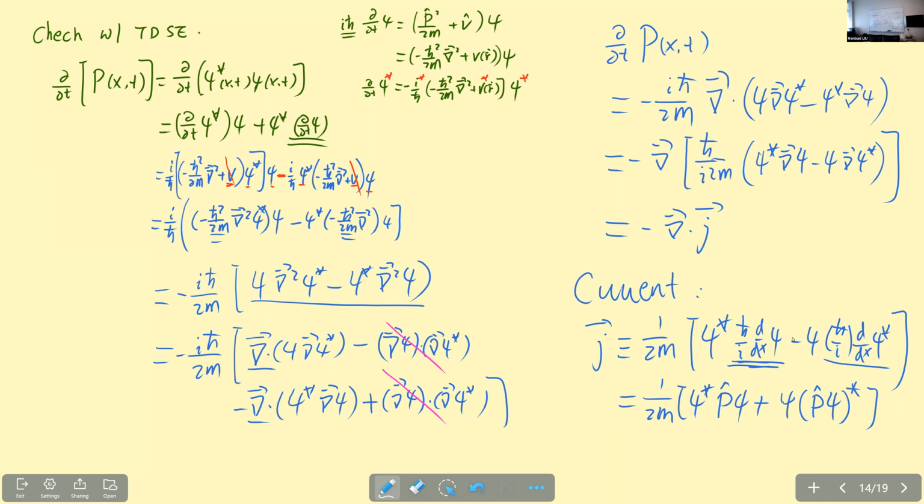Because you can move the minus sign from here to the complex conjugate of this, and then this one just equals this one. So that's a symmetric way to write down this P. And P over m, you can interpret as the velocity operator, right?